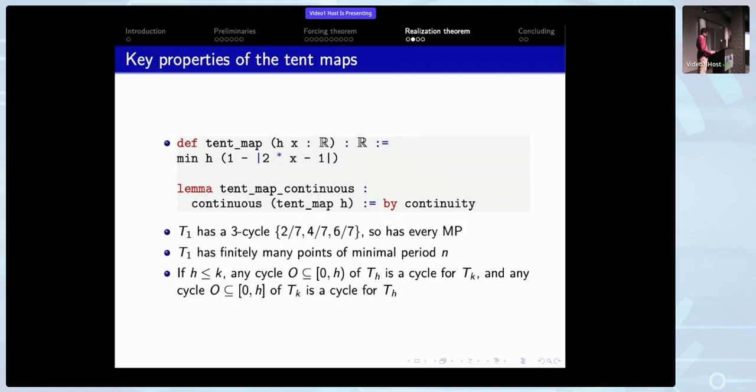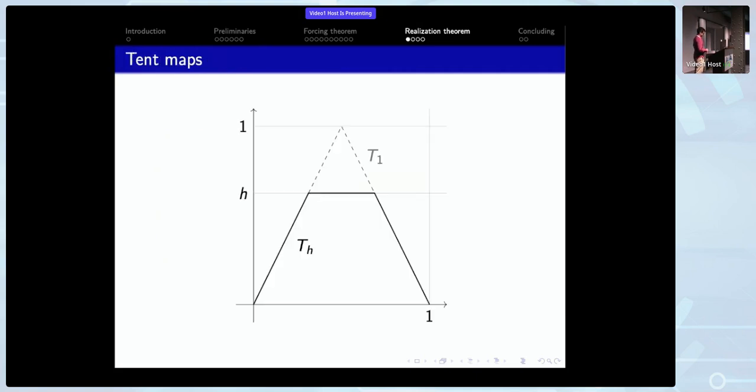I'll just quickly talk about the third one. Now, the way I've written it there is kind of unclear, but that's mostly because I don't want to go into it in too much detail. But the basic idea is that if I increase h, then any cycle, all of whose points will lie below h, remains a cycle.